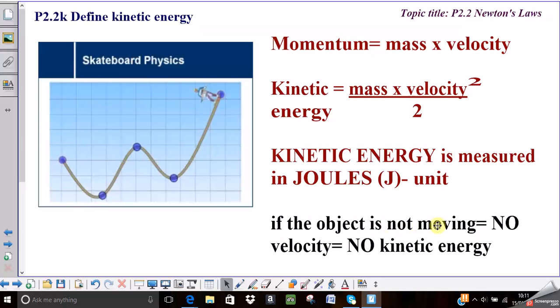If the object is not moving, the object has no velocity. Now, in this formula for kinetic energy, if it has no velocity, the whole thing becomes zero. That means if the object is not moving, the object has no kinetic energy.